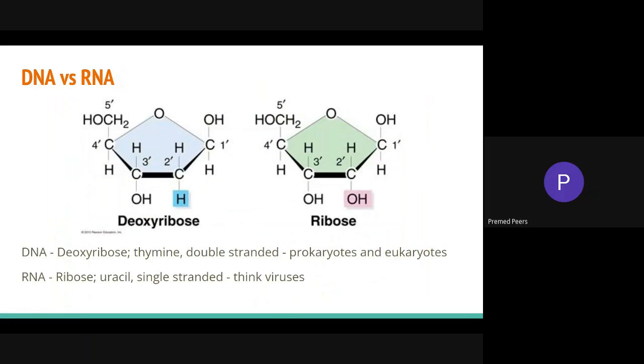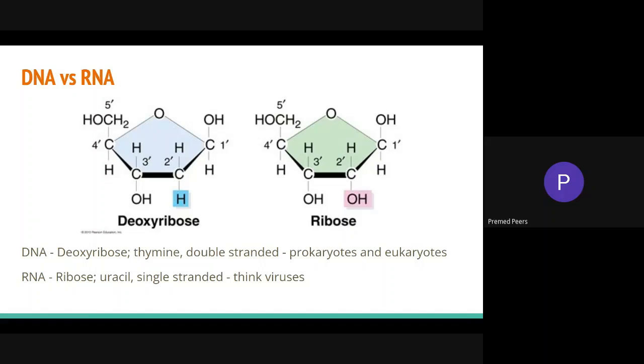As said before, DNA and RNA are both nucleic acids used to carry information, consisting of nucleotides. However, as you can see, DNA contains the sugar deoxyribose, which lacks a hydroxyl group on the second carbon. RNA contains the sugar ribose, which has this hydroxyl group.